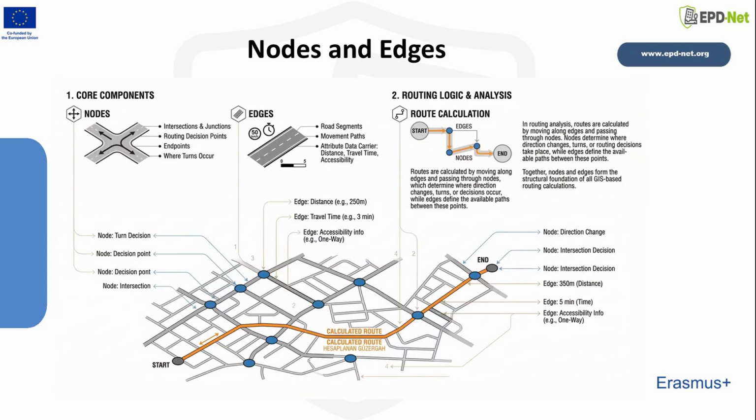In routing analysis, routes are calculated by moving along edges and passing through nodes. Nodes determine where direction changes, turns, or routing decisions take place, while edges define the available paths between these points. Together, nodes and edges form the structural foundation of all GIS-based routing calculations.